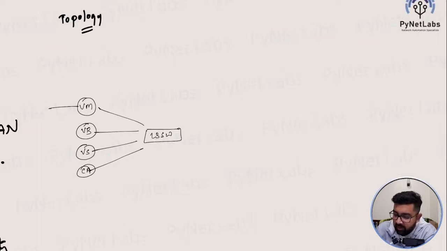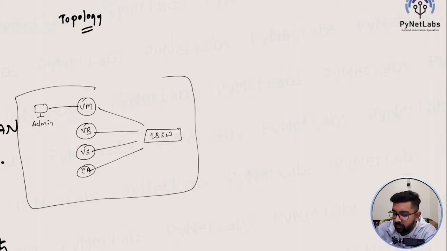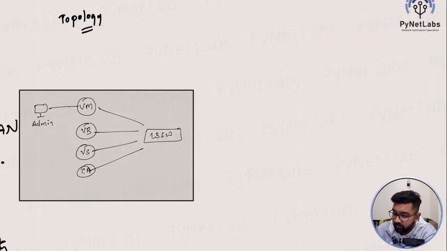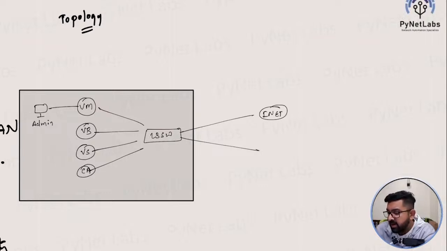The vManager on the back end will be connected to an admin PC. That's going to be your controller site which you manage. Post that, this layer 3 switch will be connected out to a couple of transports. We might have iNet as one transport and MPLS as another transport.